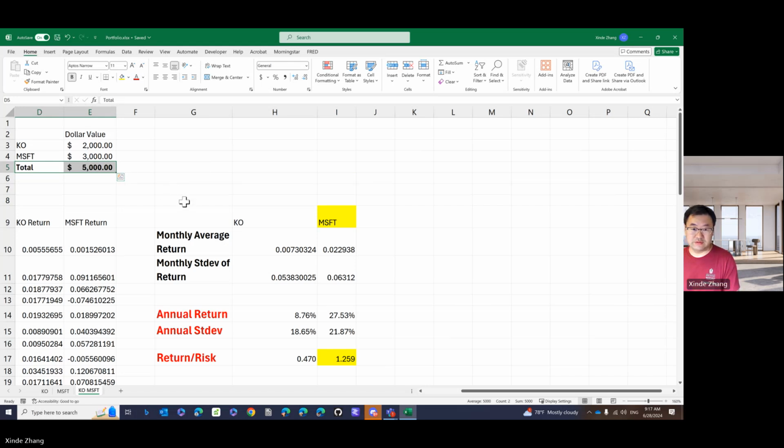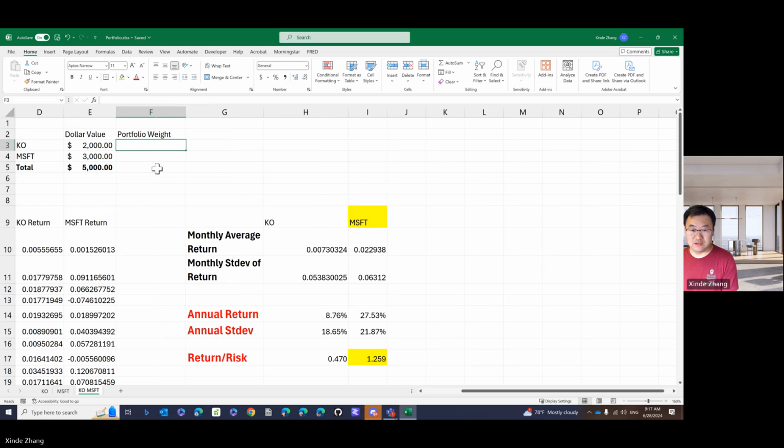However, we know that finance people like to use percentages. So this is going to be the so-called portfolio weight, in percentage.